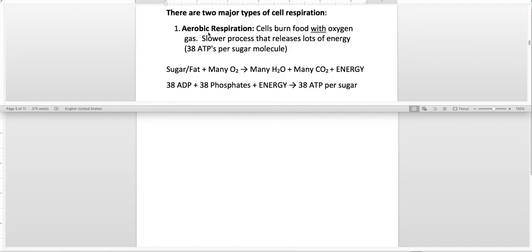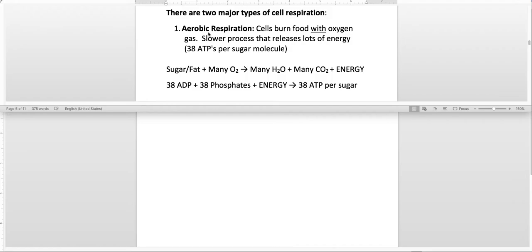So when your cells have sufficient oxygen in them, particularly your muscle cells, they will burn food aerobically. They'll break it down with oxygen gas. When you react food with oxygen gas, that's what we call burning the food. In fact, the word burn means to break down with oxygen.